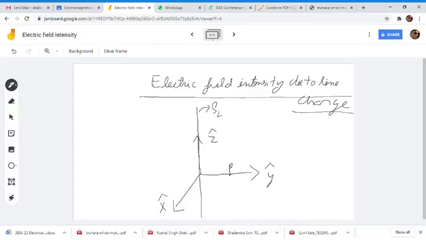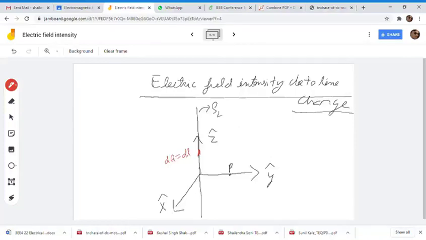So here we take a small dl length. Due to this dl length there will be some charge on this, let us say dq. Dq is the charge present in this dl length.